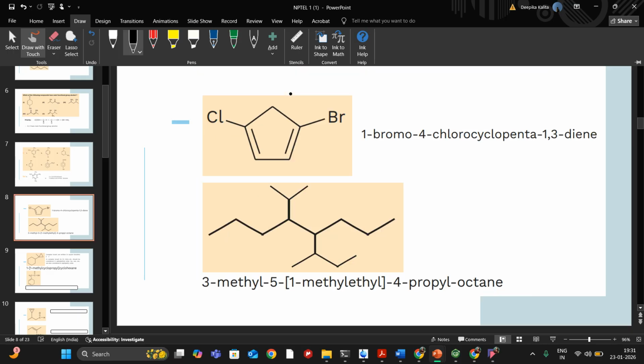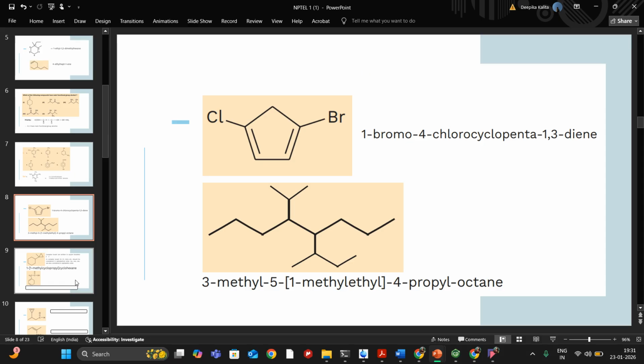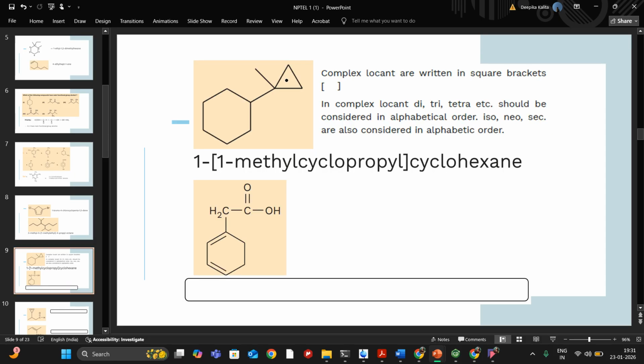If we look at this individual substituent present here, this will get the name of 1-methyl cyclopropyl.